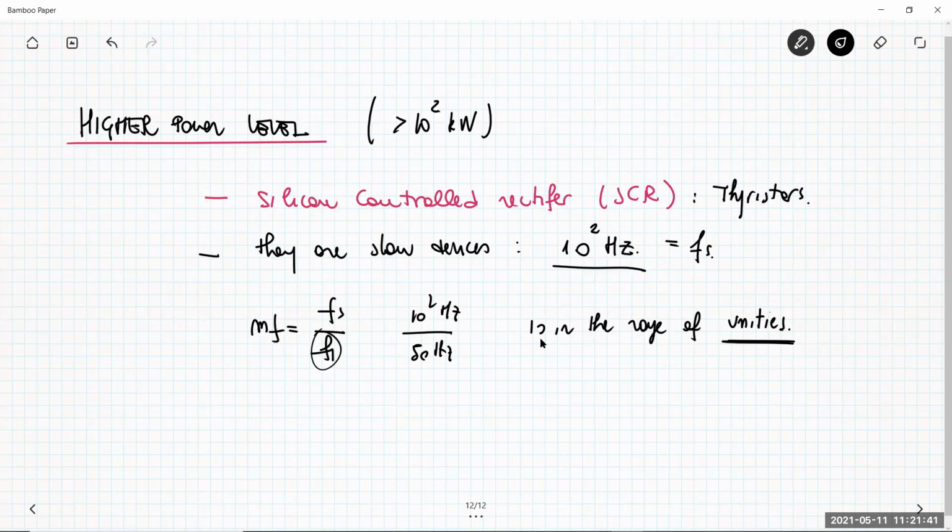Or you can admit some ripple in the current or ripple in the torque, etc. So complicated to filter out. Harmonics.